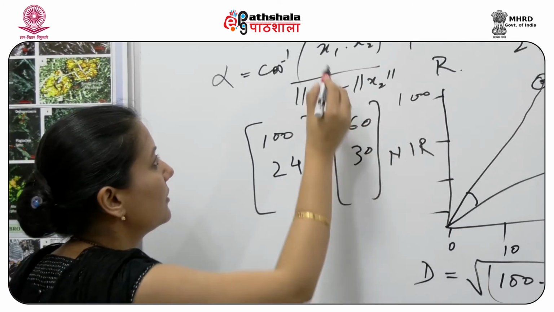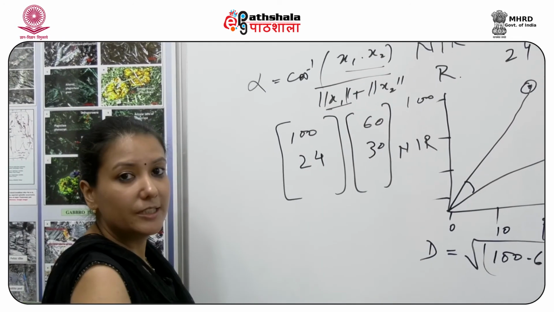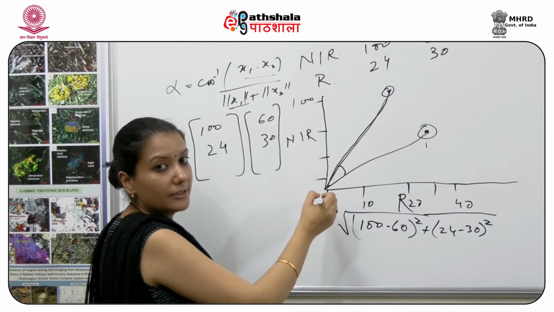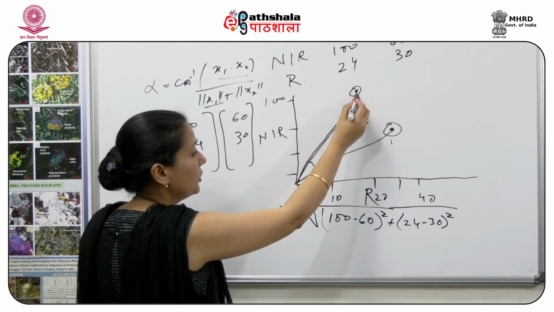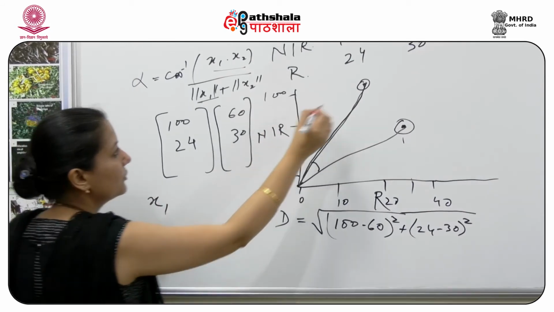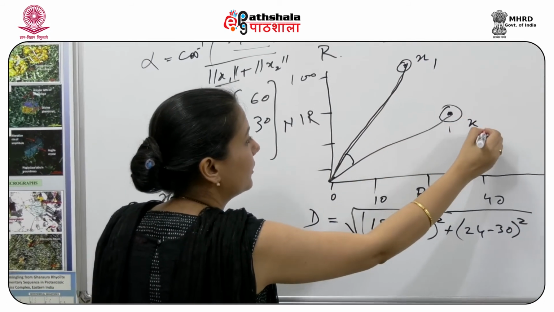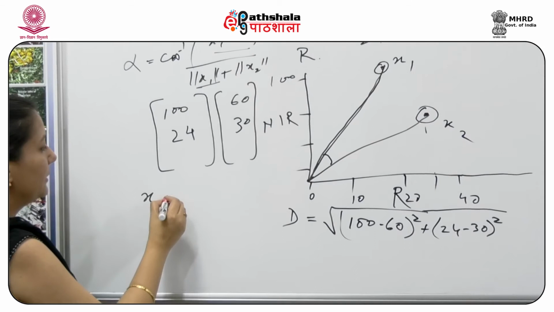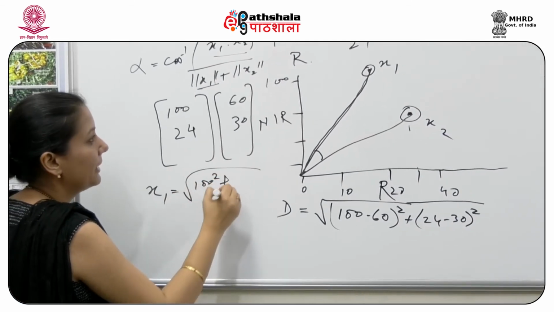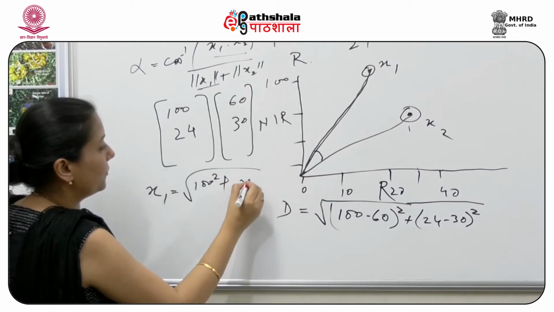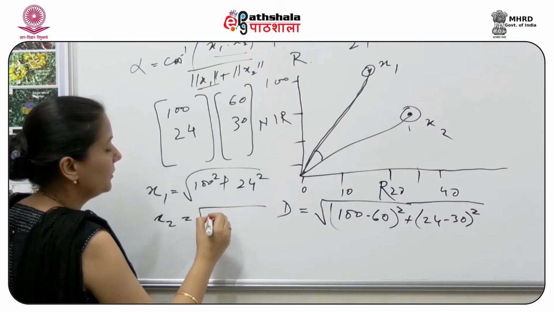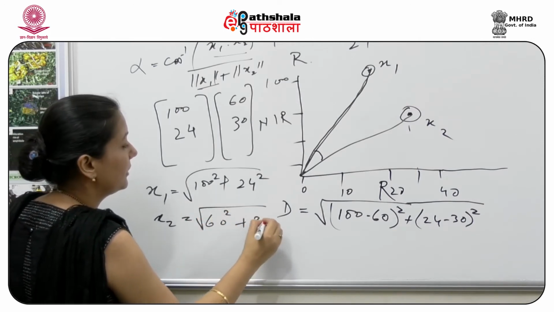So this represents the upper portion, and your x1 is actually the value of this length. How do you calculate this value? It's a simple Pythagoras theorem. So suppose this represented your x1 and this was your x2. For x1 it is equal to square root of 100 square plus 24 square, and for x2 the value is square root of 60 square plus 30 square.